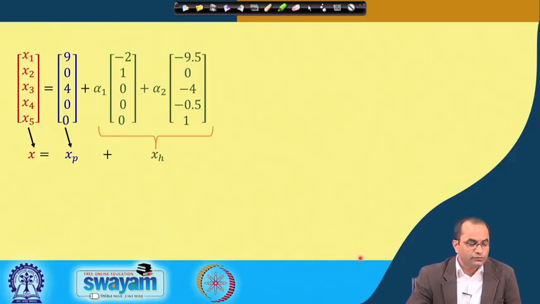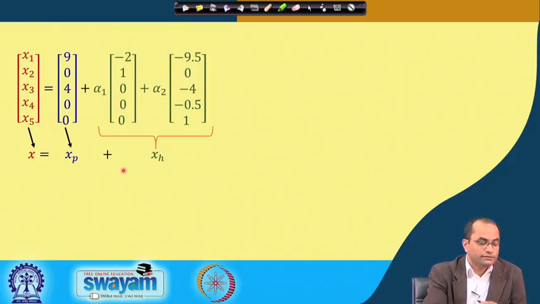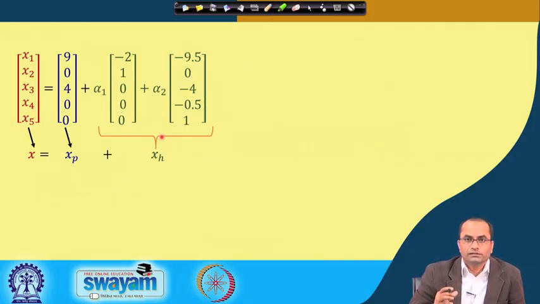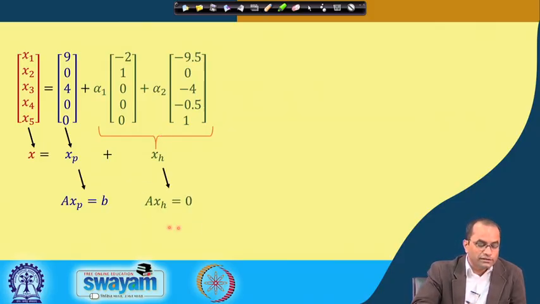And what we have also seen is that we have a very special structure when we write in this form: this is a particular solution of the given system Ax equals b, whereas this part with alpha 1 and alpha 2, the combination of these vectors, satisfies the corresponding homogeneous equation, that means Ax equals 0.